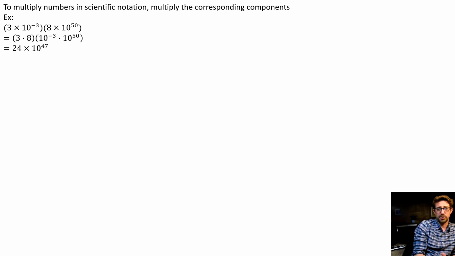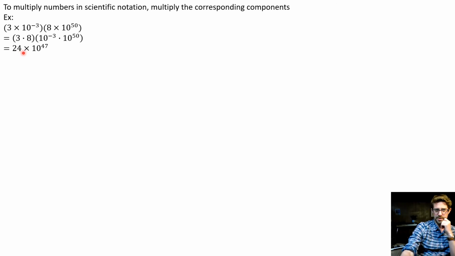So negative 3 plus 50 is 47, except in this case, and this won't always be the case, you have to adjust it a little bit. So this isn't really in perfect scientific notation because it's 24 and it needs to be 2.4. So to get it to be 2.4, we need to go one place back, which means to compensate for that, we have to add one more power of 10 to this part, right?